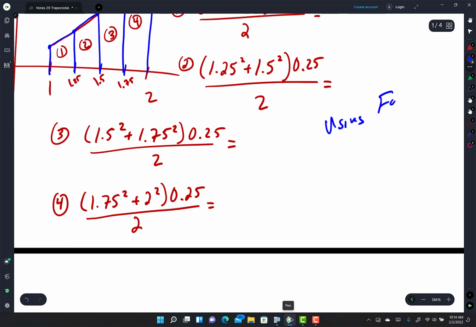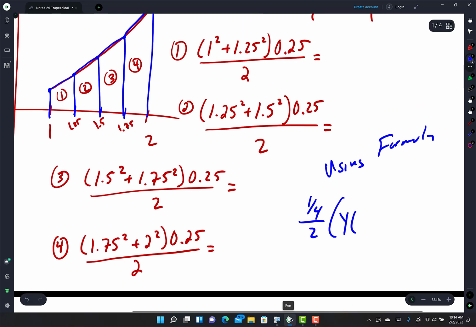Using formula. I'm going to write 1/4 divided by 2, so that's our 1/8. And I'm going to go y at, where did I start at? 1? Y at 1 plus 2 times y at 1.25 plus 2 times y at 1.5 plus 2 times y at 1.75.